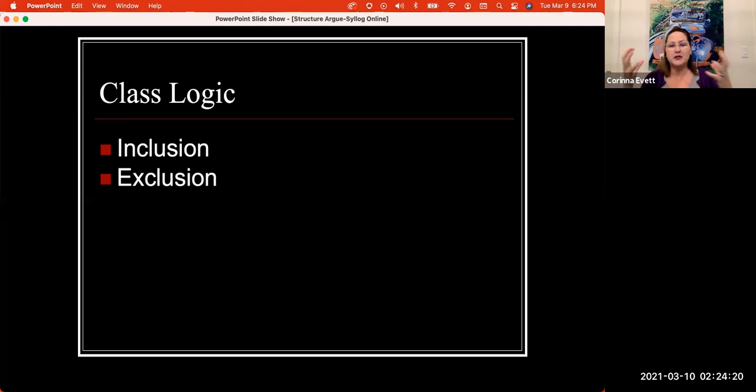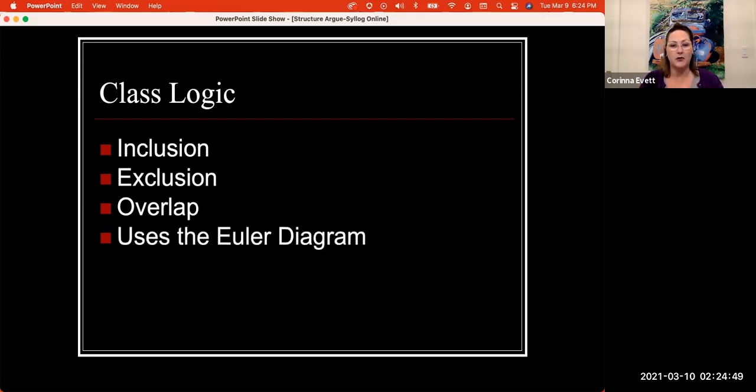So no members of either class, they are exclusive of each other, they do not share any members. And then we've got overlap, and you can imagine if one group of members is included in another group for inclusion and exclusion has separate members, then overlap is there's a sharing of members, right? Some members fit into both categories.